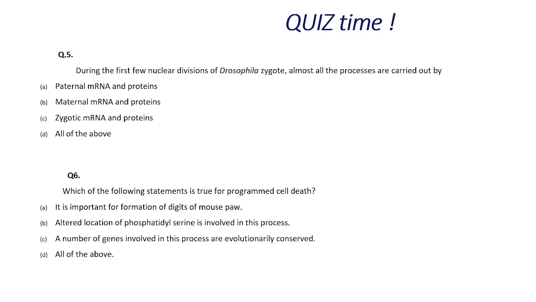Now, the next one, which of the following statements is true for programmed cell death? So you have three options and one all of the above. So which one do you think is correct?